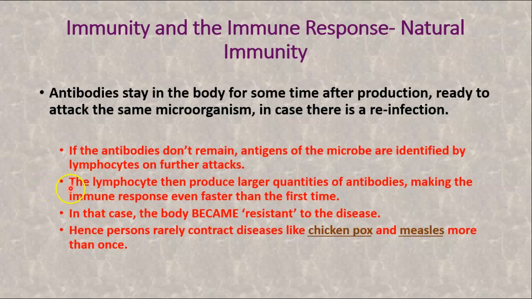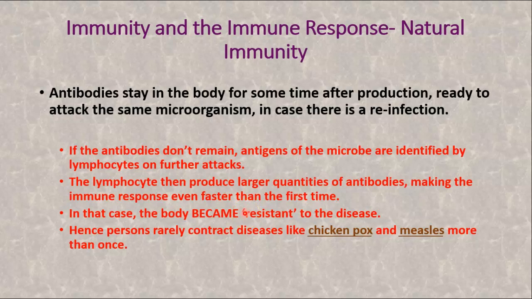Because of that quick identification, the lymphocyte produces larger quantities of antibodies than the first time around, making the immune response even faster than the initial response. In that case, we say the body becomes resistant to the disease.